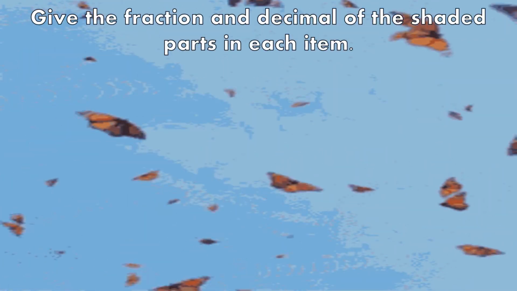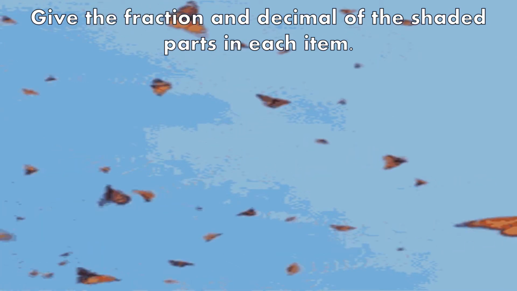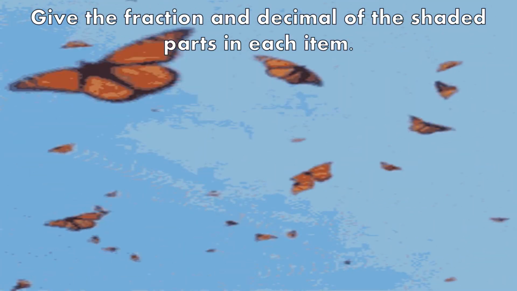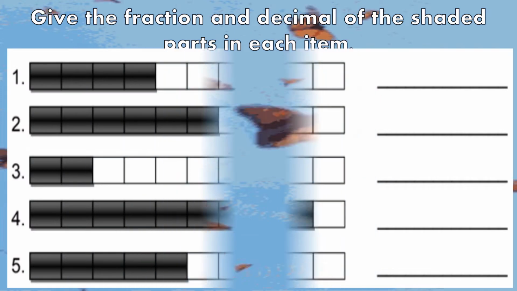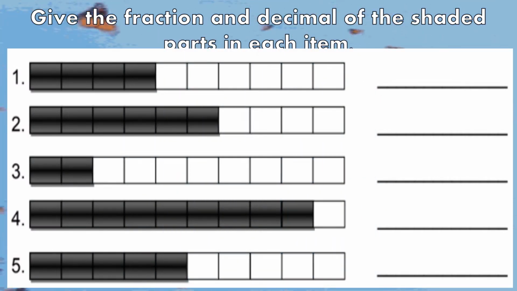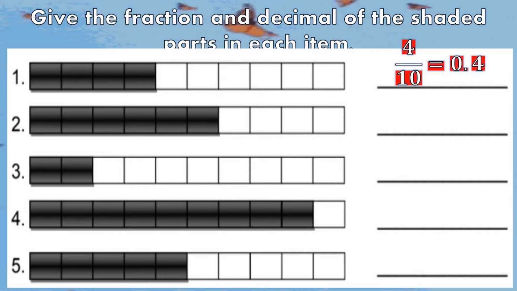Okay, so let's have this example. Give the fraction and decimals of the shaded parts in each item. So we have items 1 to 5, which are divided into equal parts of 10. We just need to count the number of shaded parts over 10, which is the denominator. In number 1, we have 4 over 10, which is equal to 4 tenths, or 0.4.